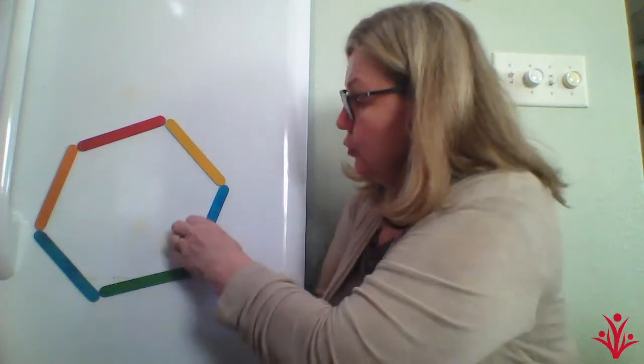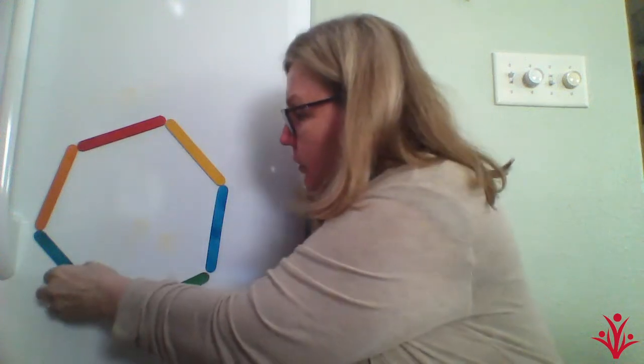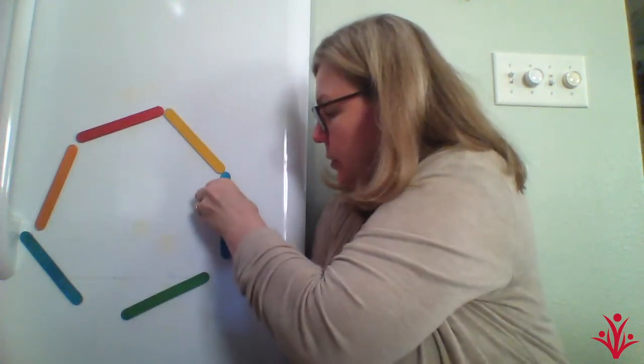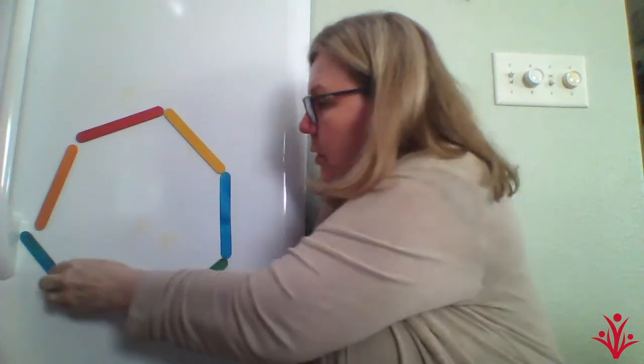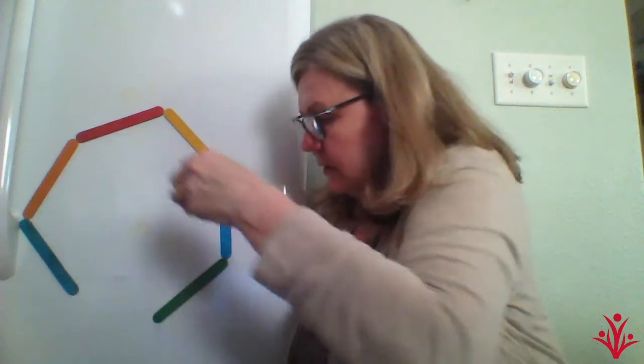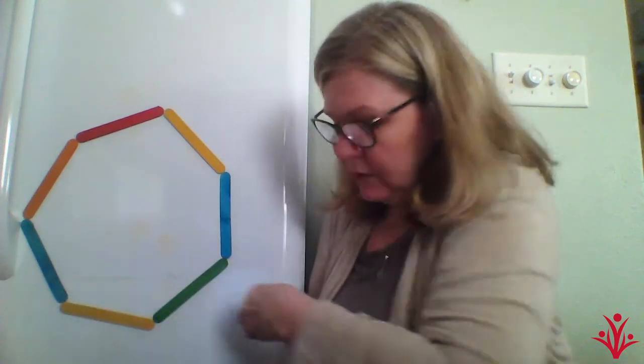So this one, I'm going to add 2 more sticks. I'm going to make some room up here. I think I'm going to add 2 more. Let's see. Maybe just 1 more. Is that the right way?